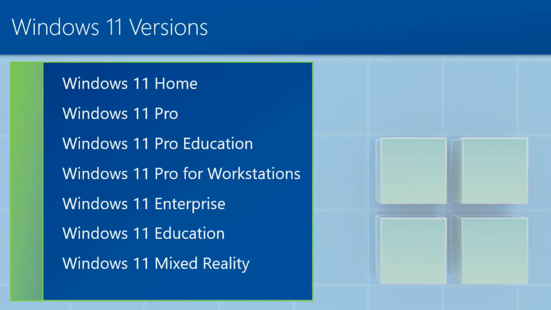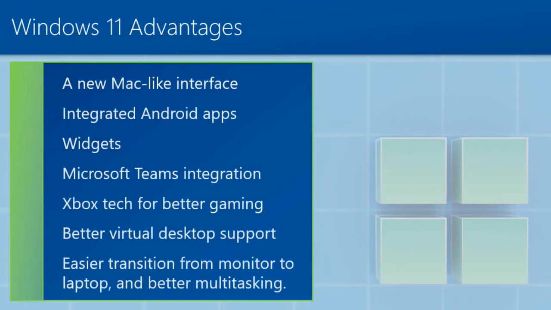Now, some of the Windows 11 advantages that you got, it gives you kind of a Mac interface feel. So it's got a clean design, rounded corners, it's got a nice look to it. The taskbar, the start menu, they give you a little bit more of a Mac feel for everyone out there who is just an absolute lover of Apple.